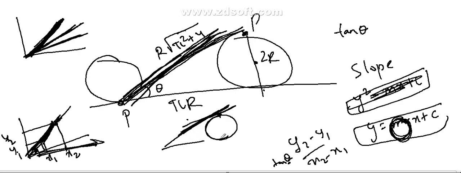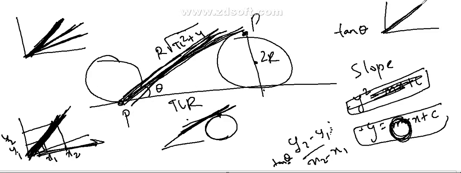See, you don't know this concept, that's why I'm not able to explain. You should know this concept. It's called a straight line equation. If you want to find the slope of a line, slope basically is a tilt.